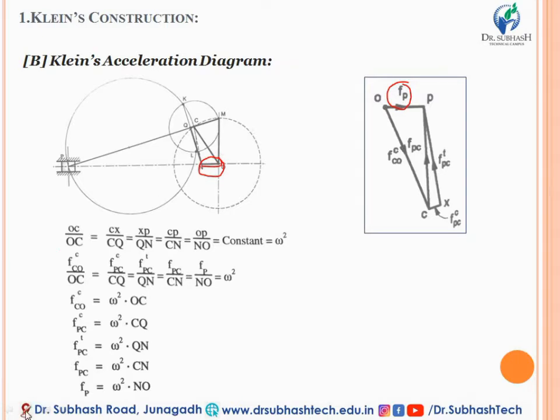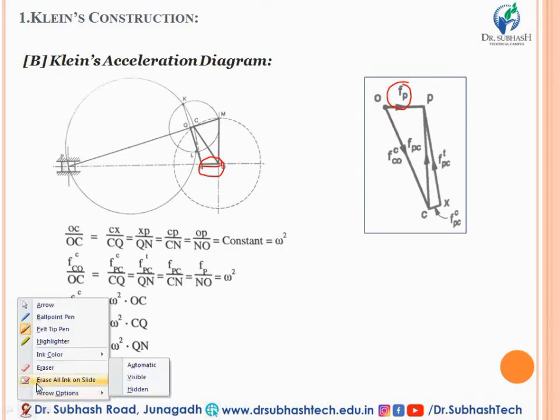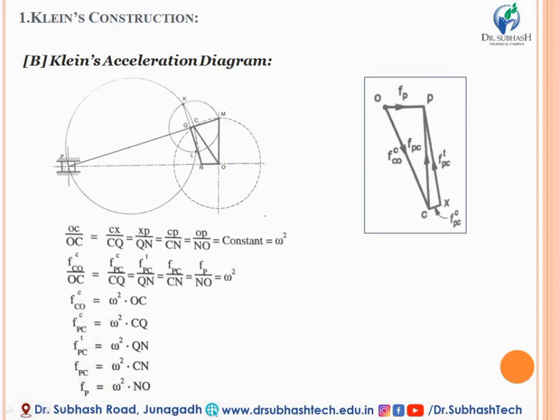Now we can compare both of the acceleration diagrams, and by taking the ratio, ultimately small oc upon capital OC is equal to small cx upon CQ, is equal to xp upon QN, is equal to cp upon CN, is equal to op upon NO, and that is always equal to the square of angular velocity.